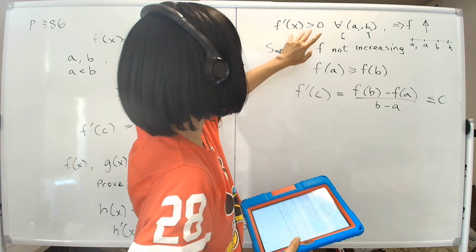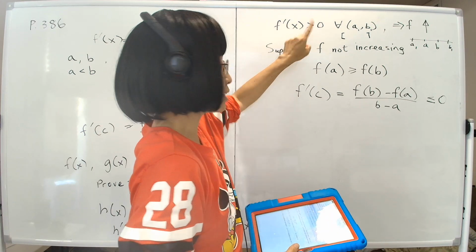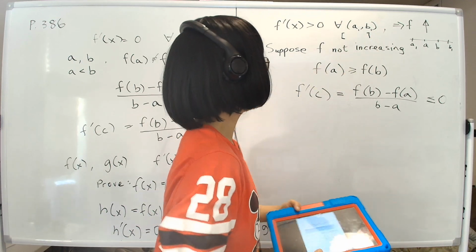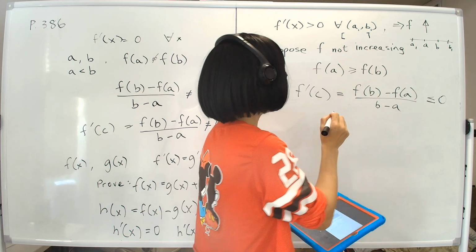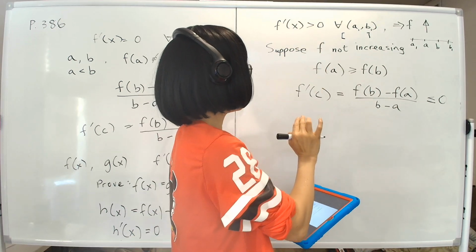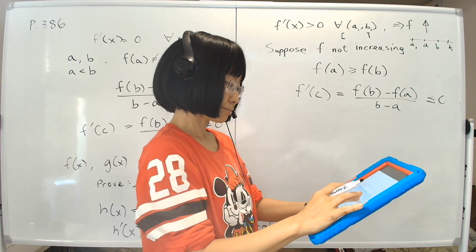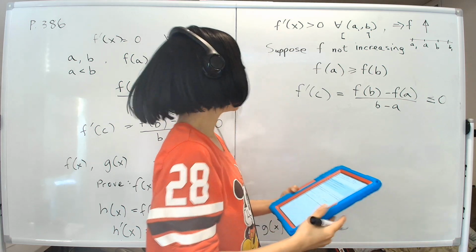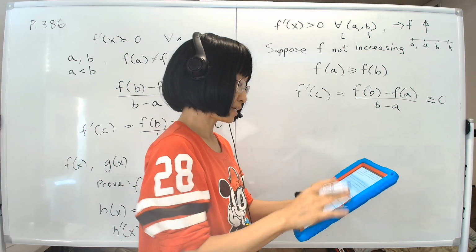But that contradicts the fact that we were given, because we already said that f prime of x is bigger than 0 for the entire interval a1, b1. So this is a contradiction, and therefore our proof is correct. The proof is done. Therefore, f must be a strictly increasing function through the entire interval that we considered.